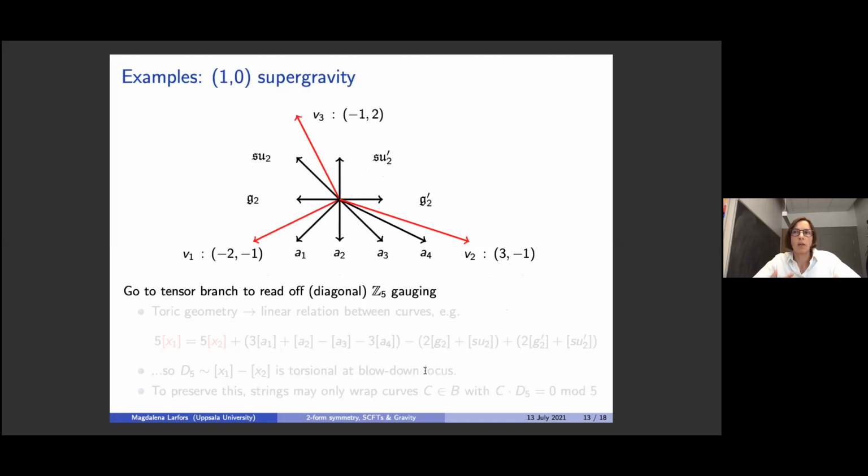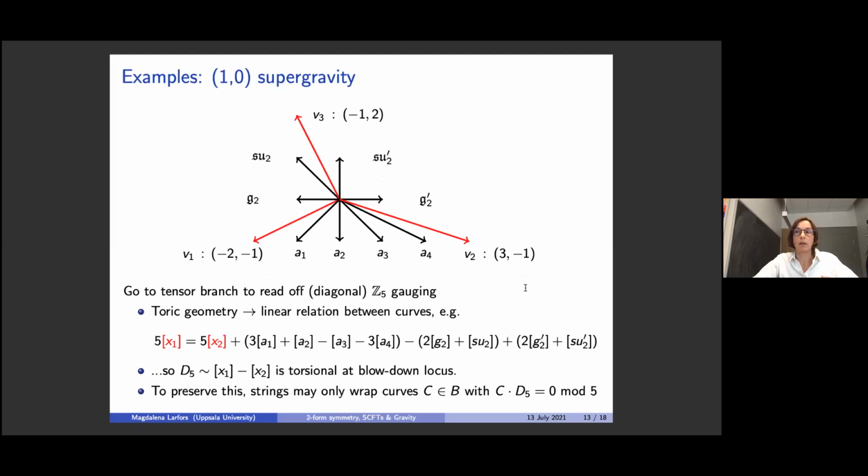And if we go to the tensor branch of the theory, we can also read off this Z5 gauging using toric geometry. What we can see explicitly is that there are linear relations between the curves, simply because there are more curves than you need to span this 2-dimensional lattice.